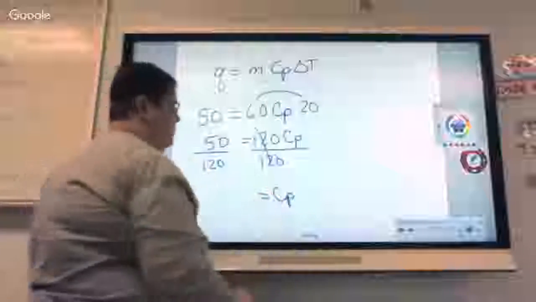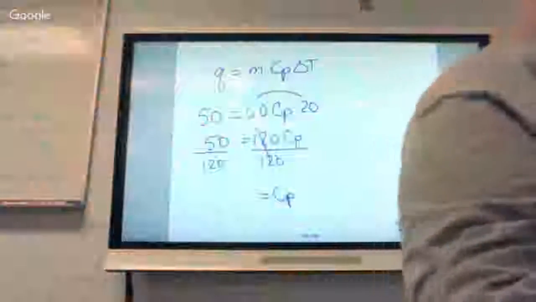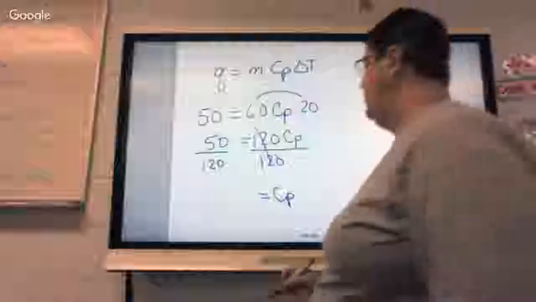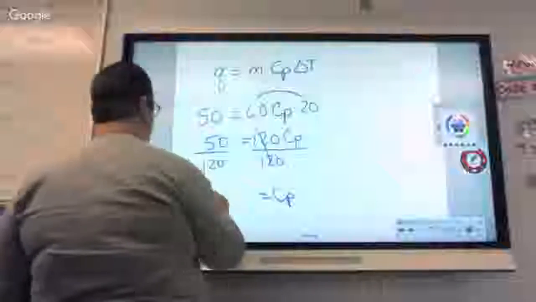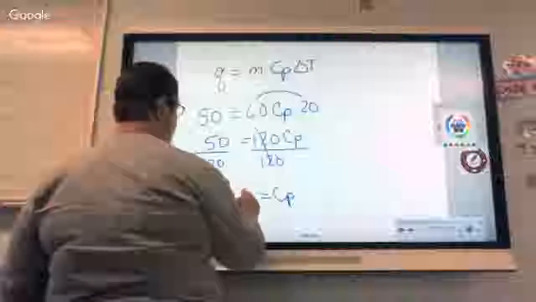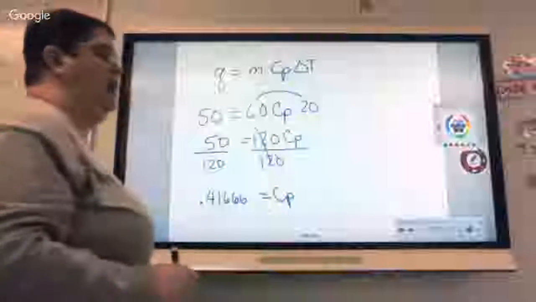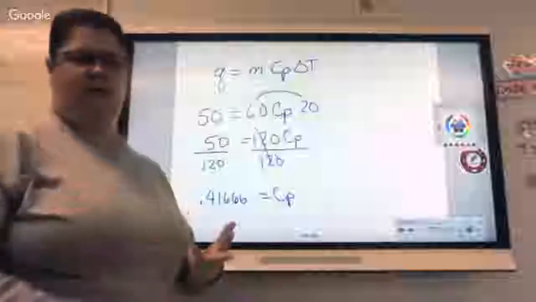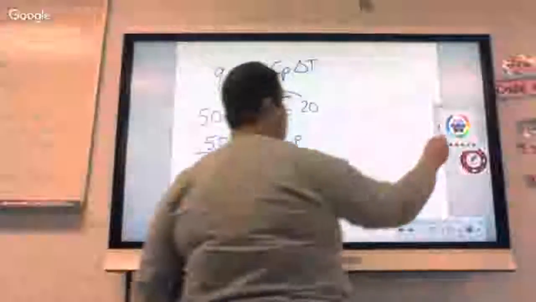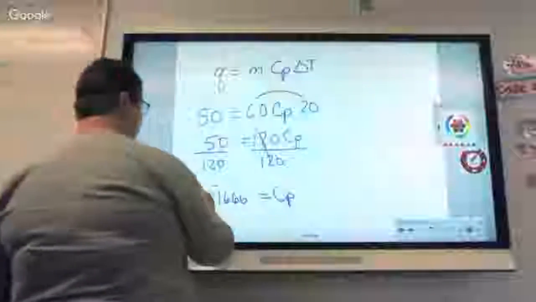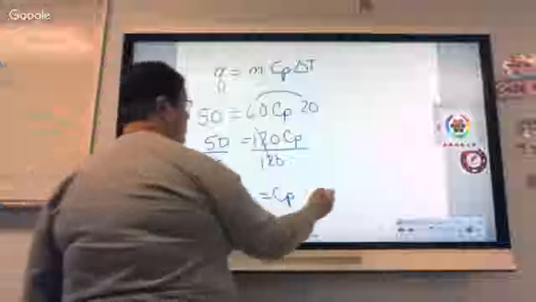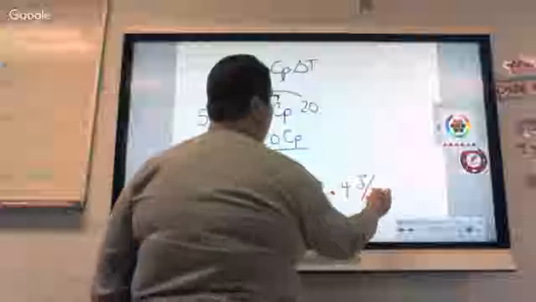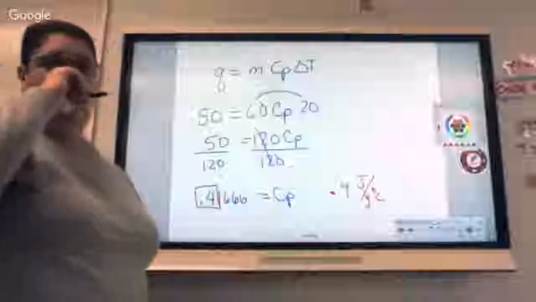CP equals 0.41666 repeating. So when we look at our given data, we had a 50, a 30, a 6.0, but we only want one significant digit. So the one significant digit we want is this one. So 0.4, and then joules over grams degrees Celsius, which I can get off my chart on the front page.